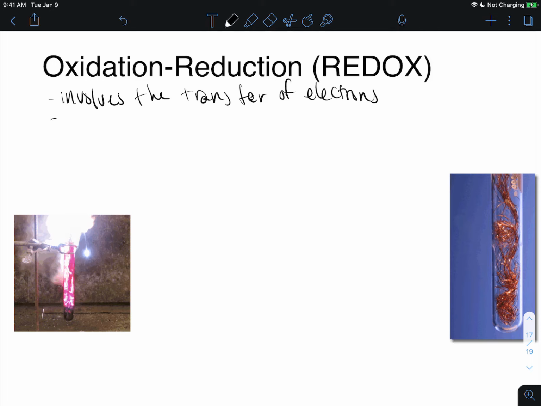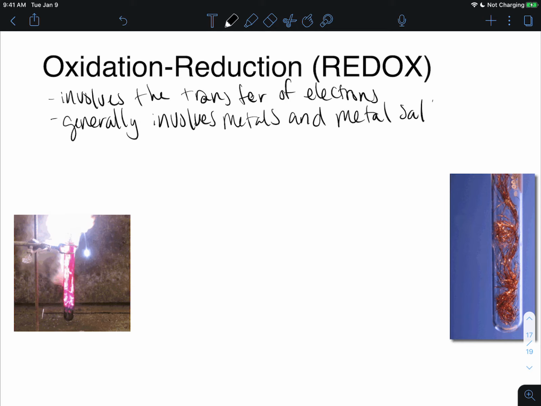Generally, they're going to involve metals and metal salts. But not always. But it's usually, again, not always, but a lot of times it'll look like this.